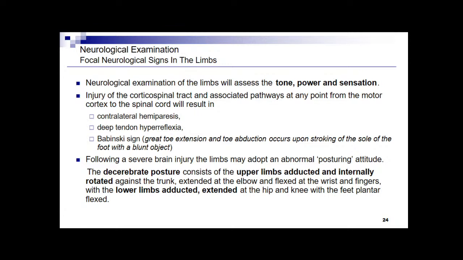The decerebrate posture indicates a severely damaged brain. It consists of the upper limbs abducted and internally rotated against the trunk, extended at the elbow and flexed at the wrist and fingers, and the lower limbs abducted, extended at the hip and knee with the feet plantar flexed. Feet plantar flexed means critical extension of the legs, which indicates brain death.